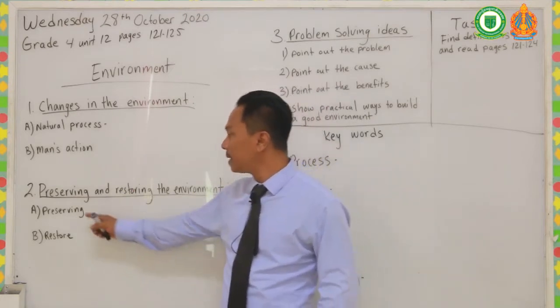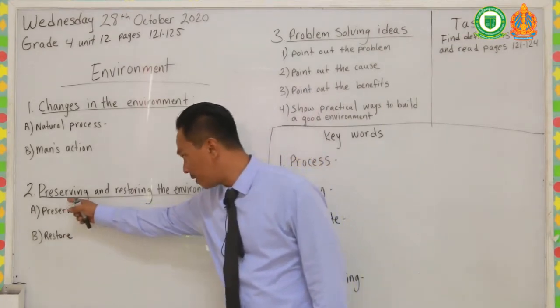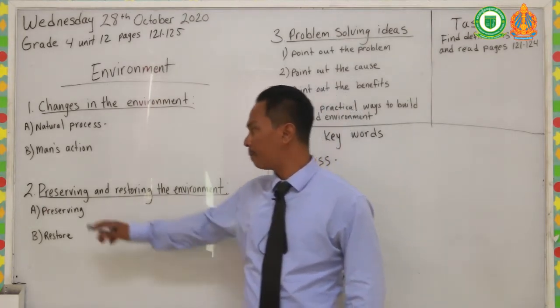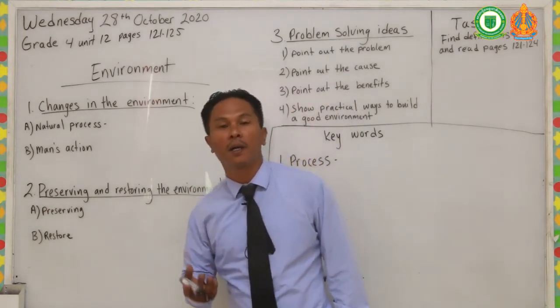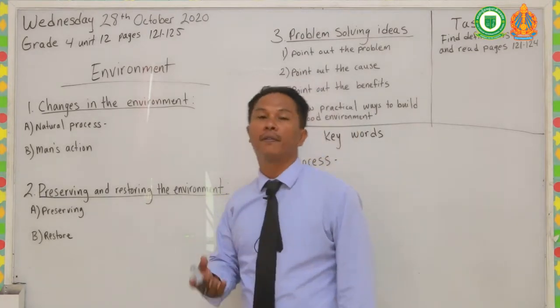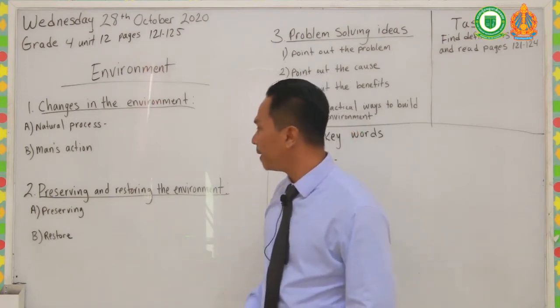And we will also be discussing preserving and restoring the environment, okay? And preserving, that was one of your vocabulary words last week. So I hope you remember that. If not, you could always look back into your notebook and find out what it means.